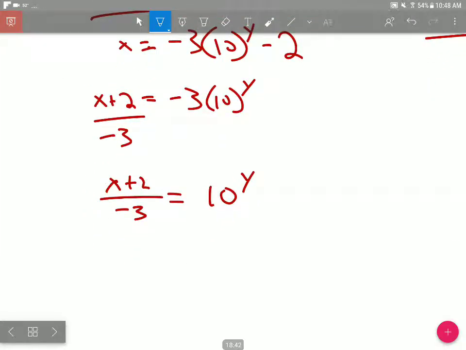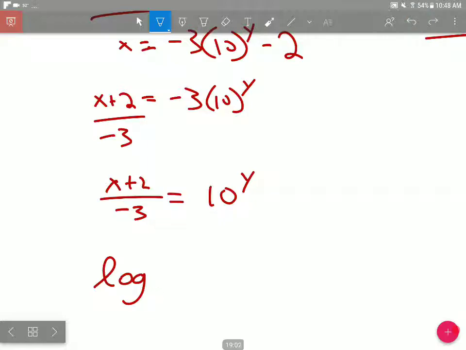There's nothing going on over here. So log base what for this one? 10.